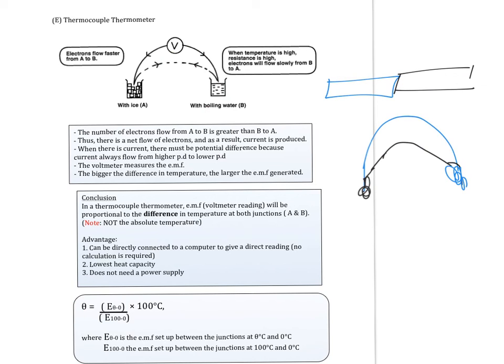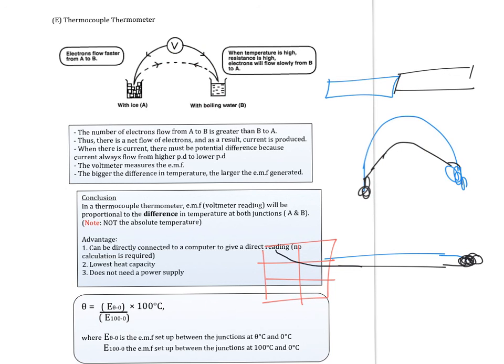What they will have is a copper wire, and then they will have the constantan wire, and then they will twist together at one end to measure the unknown temperature. But the other junction, they don't place in ice. They actually have a computer terminal, where the copper wire will go in at one junction, and the other one, the constantan wire, will enter here.